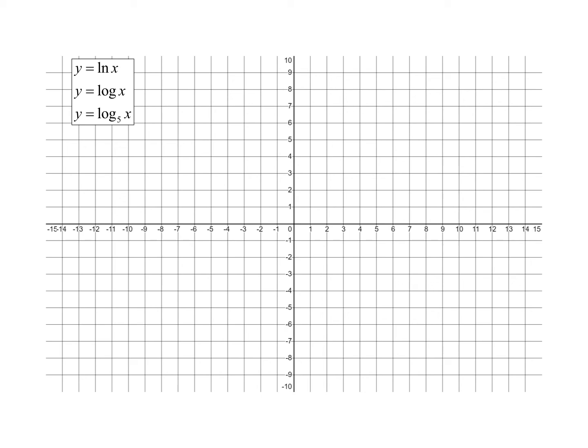Here we're going to look at some different logarithm equations. Now y equals ln x, which is ln base e, goes through the point 1, 0, and then the next key point would be e, 1, or 2.71. If we look at the next one, log x, which is log base 10, you still go through 1, 0, but your next key point would be 10, 1.